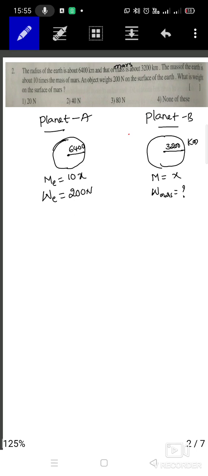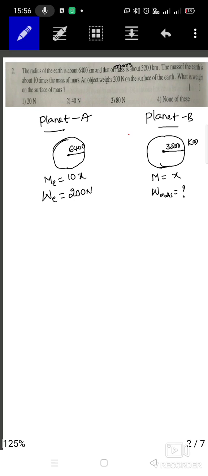So there are two planets. One is Earth, with radius 6400. Another planet, Mars, has radius 3200. They consider one object whose weight on the Earth is 200 newtons. The same object's weight on Mars, how much will it be? That one we need to calculate.